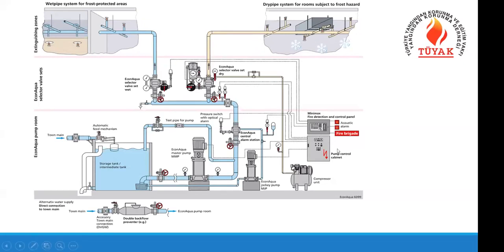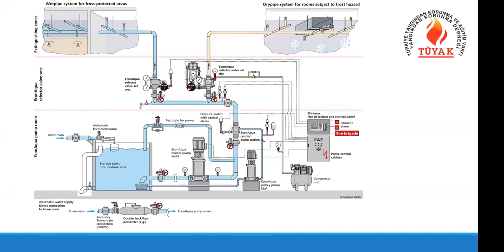There is a detection and control panel controlling all these systems and receiving all the signals from water flows and alarms, and it informs the fire brigade from this panel. We also have pump control cabinets in coordination with the flow switch and pressure switch. It operates automatically and is restarted manually. So it's a general system overview.